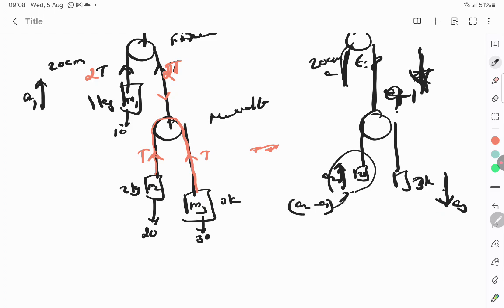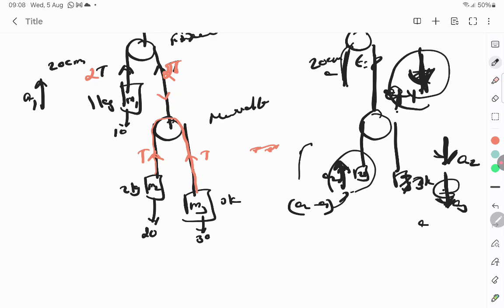How much this has gone up, that much this will come down. If this goes up with an acceleration of A2, this comes down with A2. Already this is coming down with A1, so this block is going to come down with an acceleration of A1 plus A2.